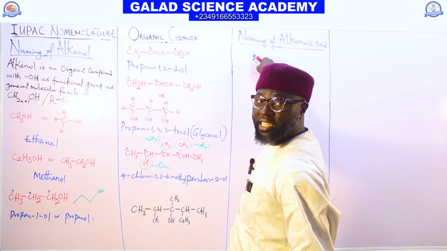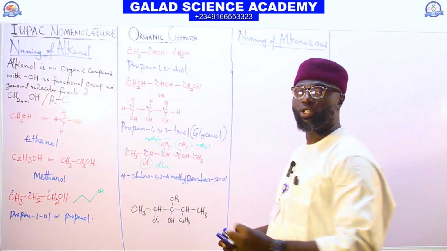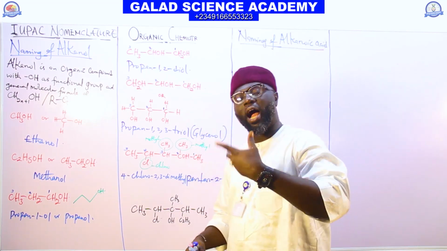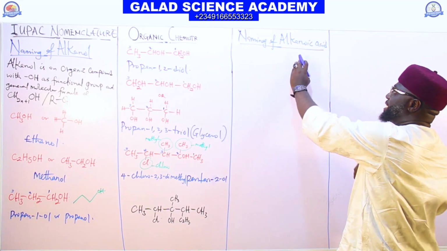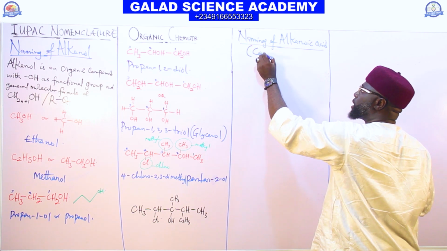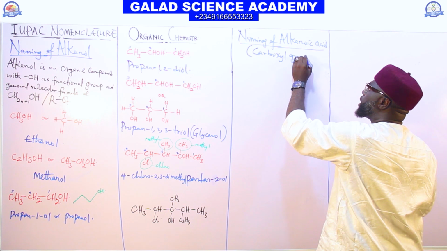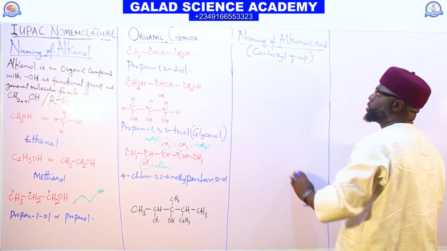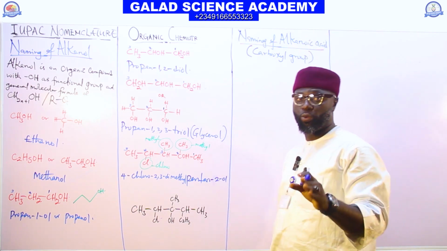The alkanoic acids are called carboxy group because they are comprised of CO and OH. So these alkanoic acids, we can also call them carboxy group.